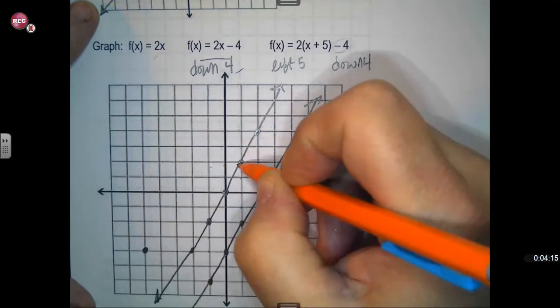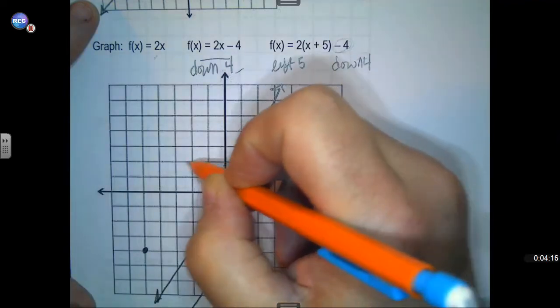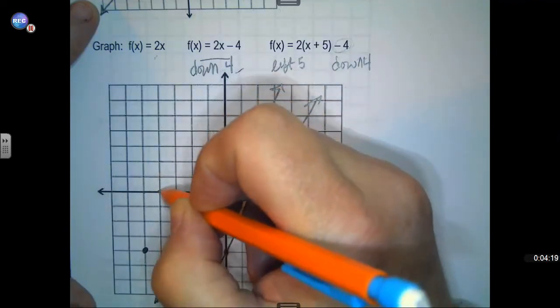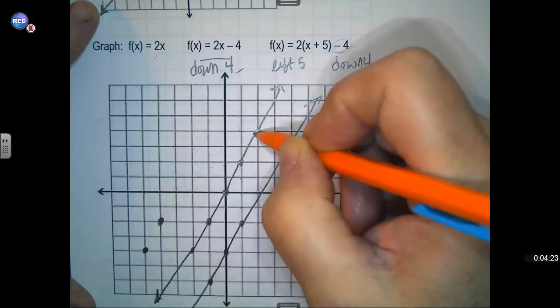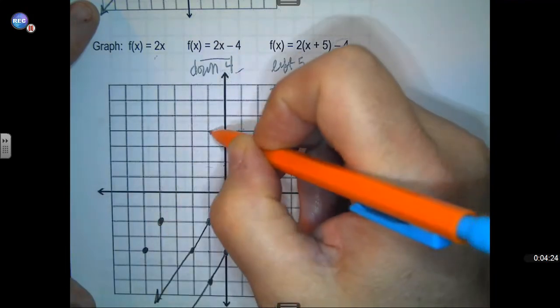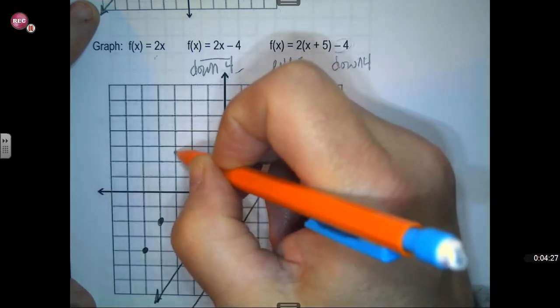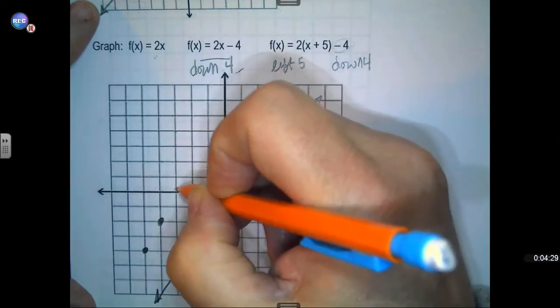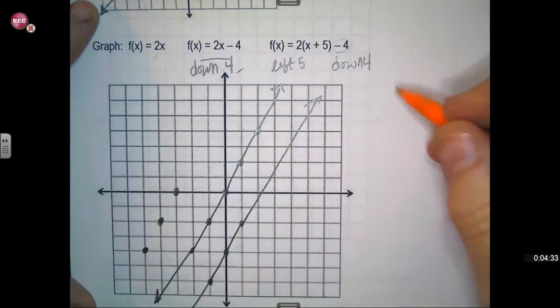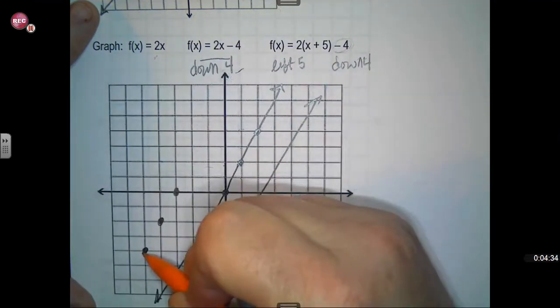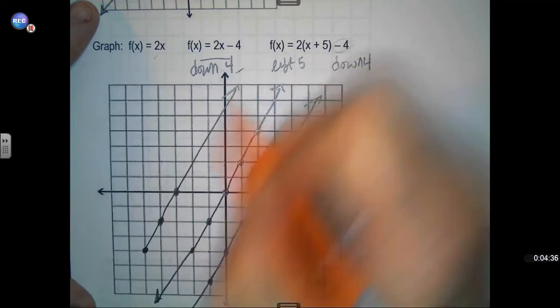Then take this point and go 1, 2, 3, 4, 5 left, and 1, 2, 3, 4 down. Then take this point, do the same, and keep going. And I can draw in that line.